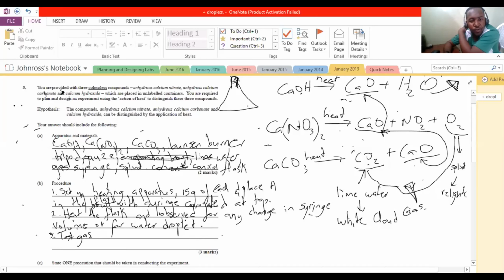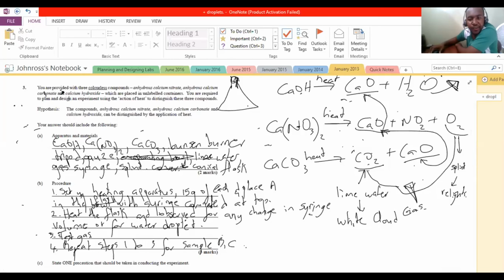And then step 4 would be that we repeat steps 1 to 3 for samples B and C. All right, is that clear? Yeah.